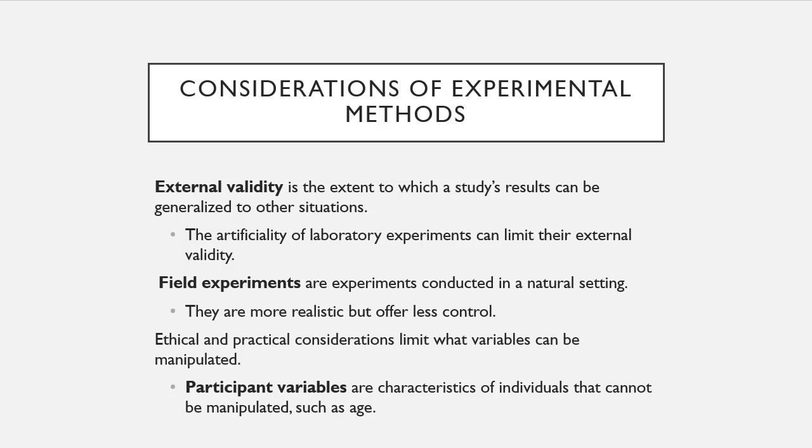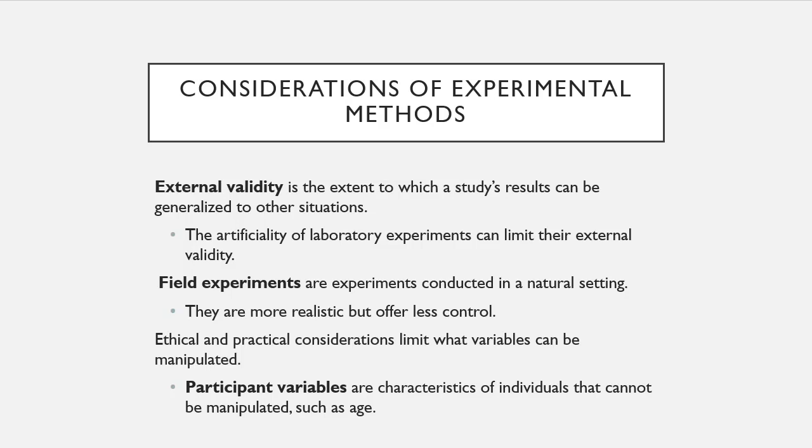But when we are using these field experiments where we are finding how people naturally behave in the world, we are looking at external validity. We want there to be good external validity in these cases, which means that we want the research that we're doing to reflect reality as much as possible.